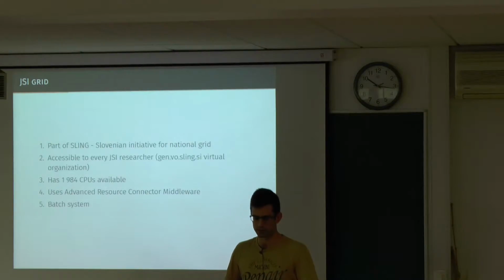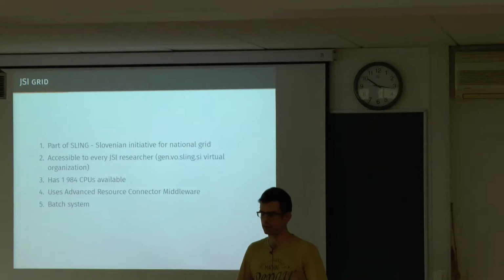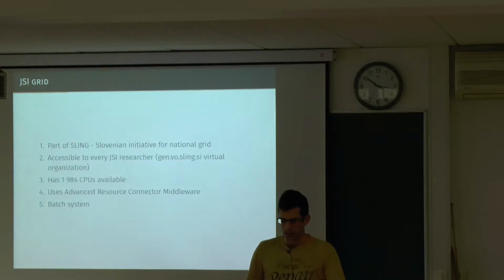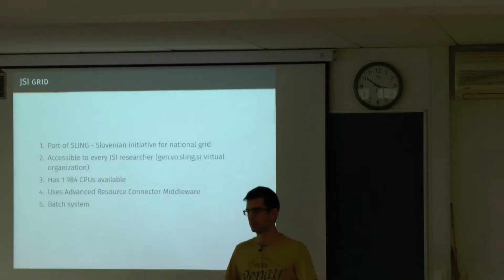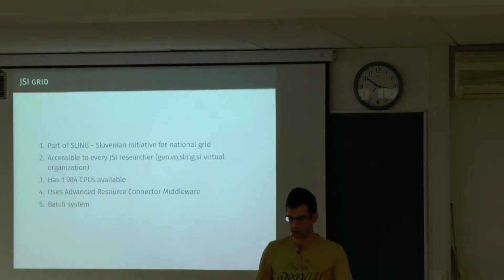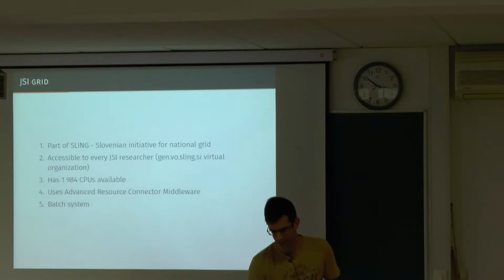It's developed by the European Middleware Initiative. It's been in development since 2002. And the grid uses a batch system. That means you specify a job, a task, and you submit it to the grid. The grid then does the computation and spits out the results, which you can then gather for further analysis.